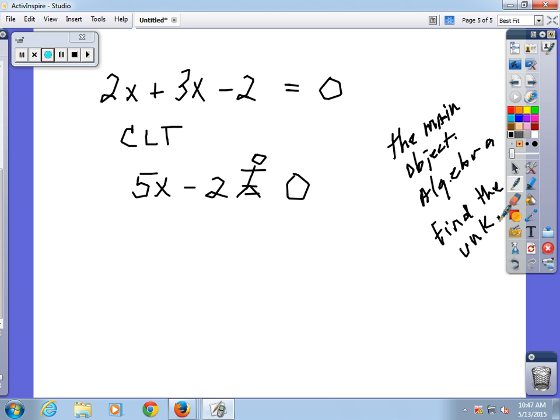I'm looking for an unknown variable. That's the main objective of algebra: to find out what it represents, to find out what it is, to find out what it looks like. Find out what it is, that's finding the solution. Find out what it represents, that's an inequality, in other words, the group of numbers. Find out what it looks like, that's when you graph a function.